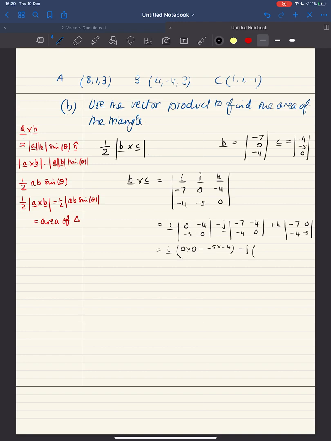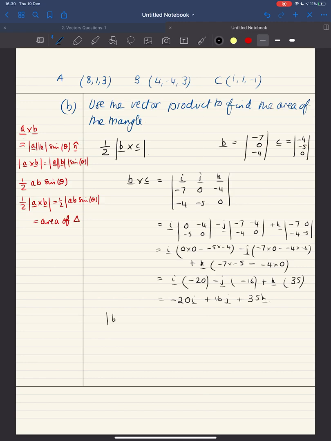Minus J times minus 7 times 0 minus minus 4 times minus 4, which is minus 16. Plus K times minus 7 times minus 5 minus minus 4 times 0, which is plus 35. So we get minus 20I plus 16J plus 35K.